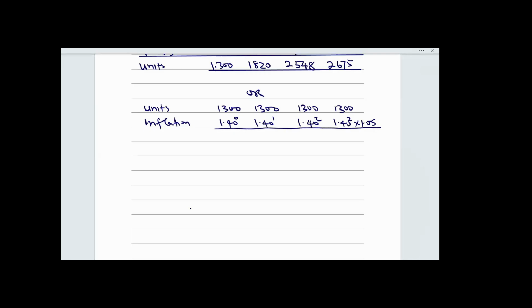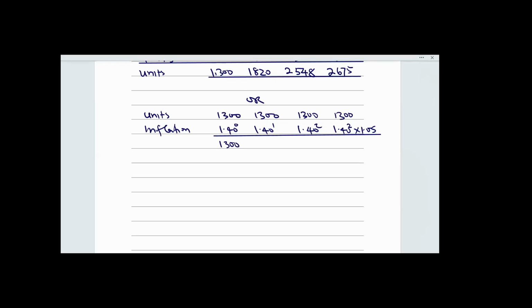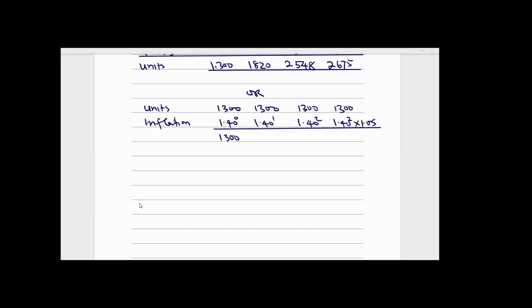So with this, you should have the same answer. Anything raised to power 0 is equal to 1. So 1 multiplied by 1,300 will give us 1,300. Then 1.4 raised to power 1, multiply by 1,300, that will give us 1,820.